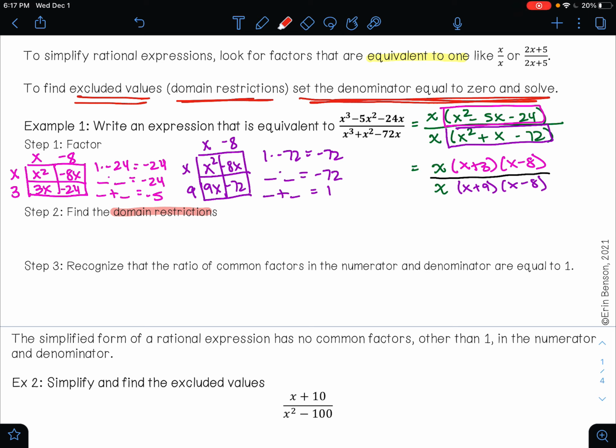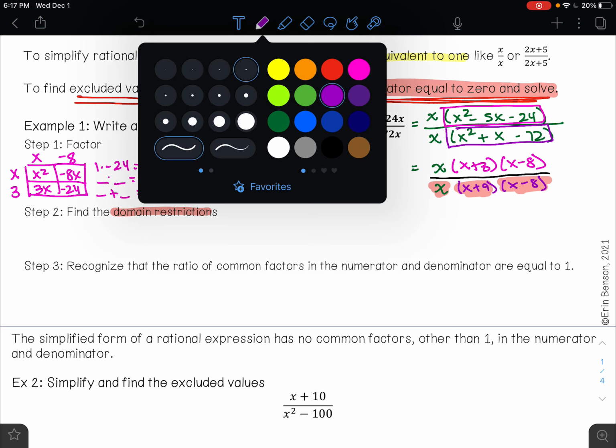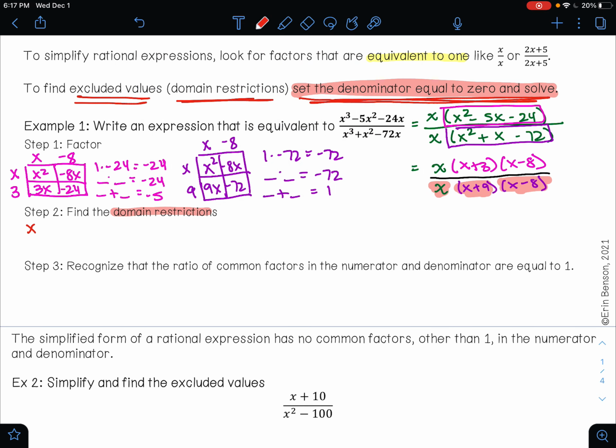So to figure out your domain restrictions, you're going to set the factors in your denominator equal to 0 and solve. In my denominator right now, I have 3 factors: x, x plus 9, and x minus 8. So I'm going to take each of those 3 factors and set them equal to 0. And then I'm just going to solve each of these equations.